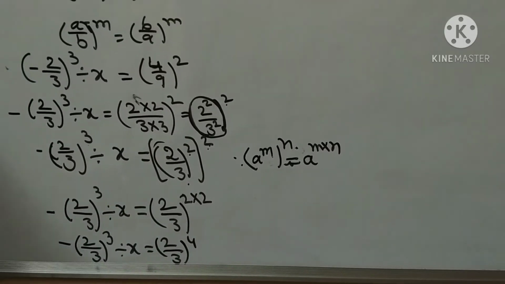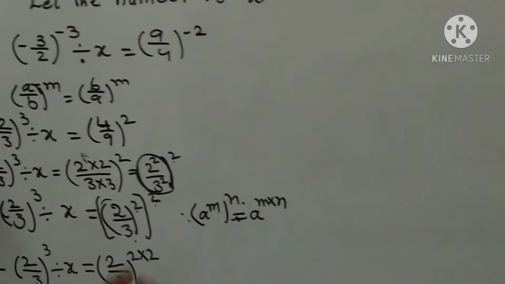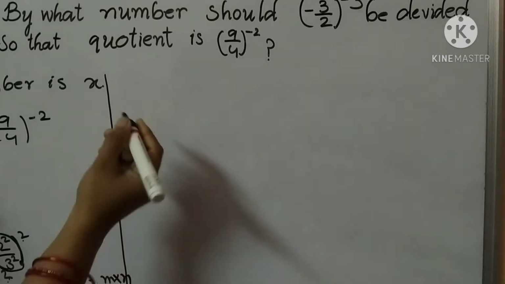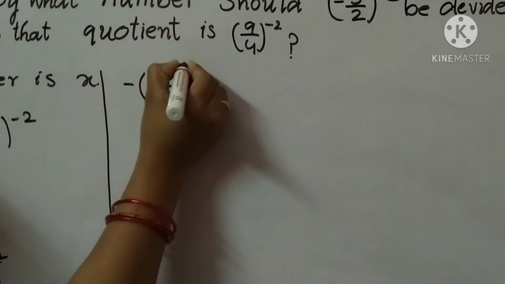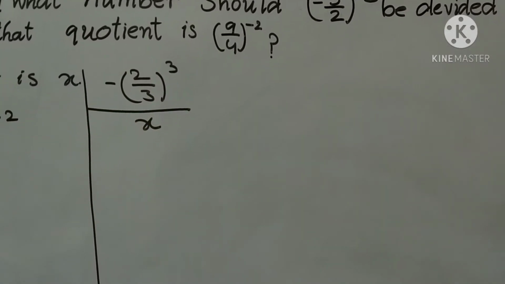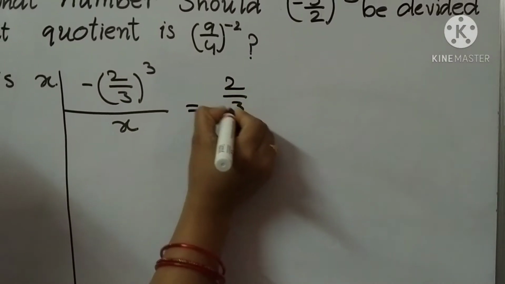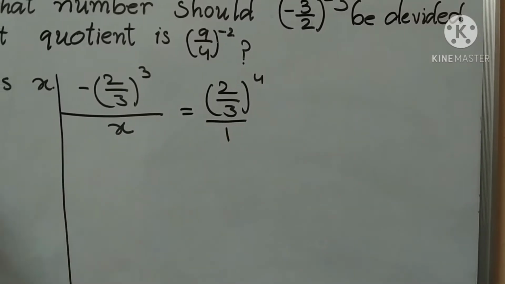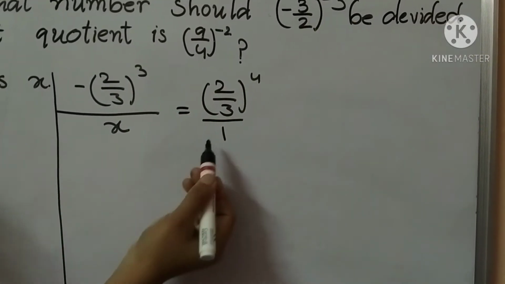Children, did you understand? Next. Here (-2/3)^3 divided by x is equal to (2/3)^4. There is no denominator, it is totally numerator, so we write 1.